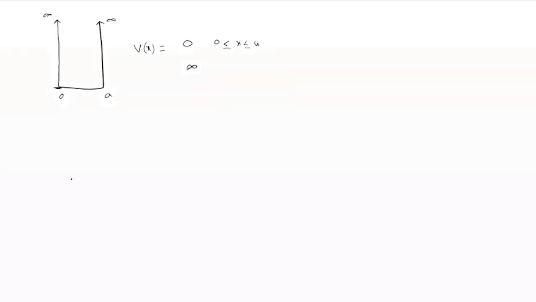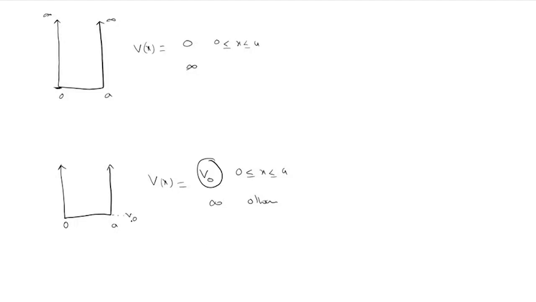Now ask this question. What if I made this like this? From 0 to a, my V(x) is V0 and infinity otherwise. I can do this, right? The potential is not 0, but it's a constant. I shifted. This one is V0. This one is infinity.